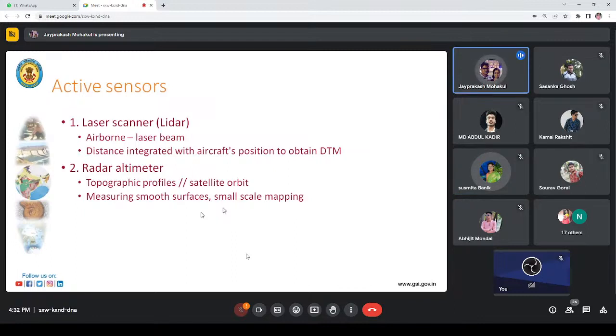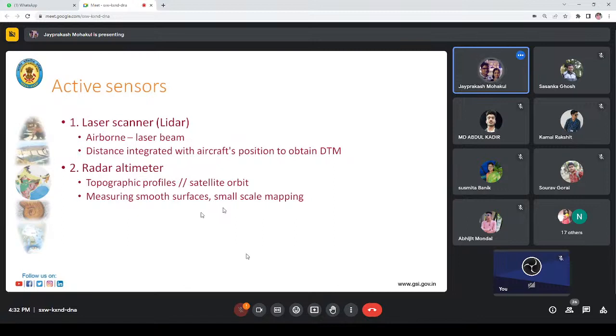One is you take a dumpy level. You know the dumpy level. You have a benchmark, Survey of India benchmark. You know the RL of that particular benchmark, and then you go on measuring the height of different places.